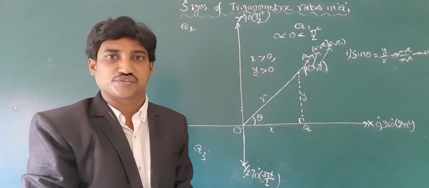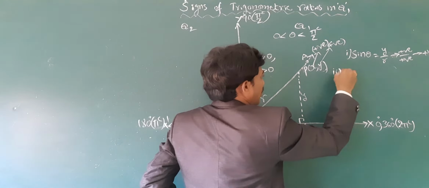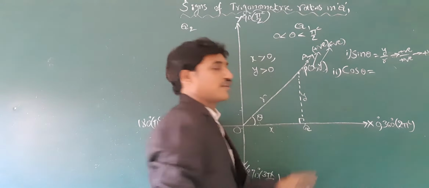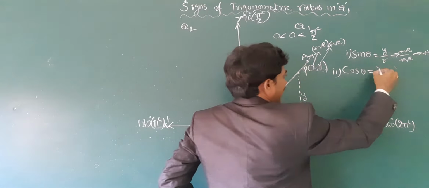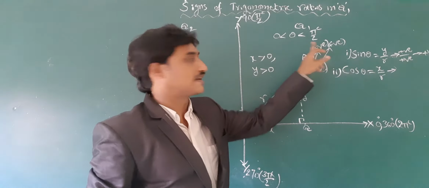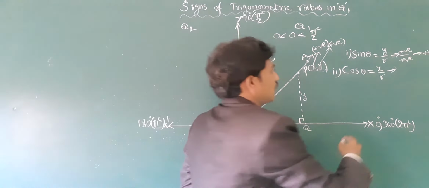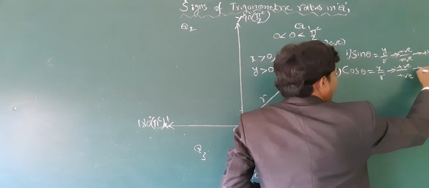So sin theta is positive. Next, second one, cos theta. Cos theta is X by R. Here X is greater than 0, X is positive, R is constant, positive. Positive quantity by positive quantity, we get positive.